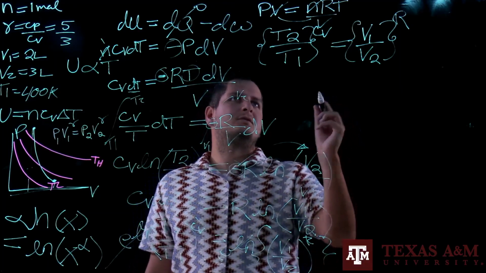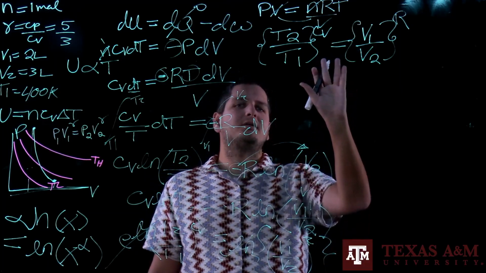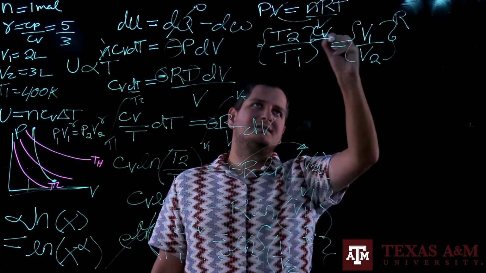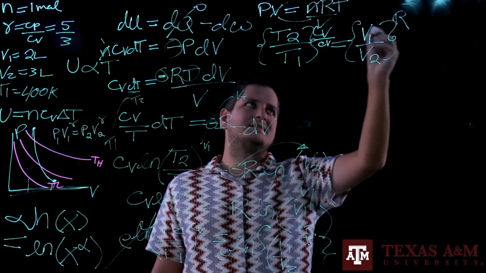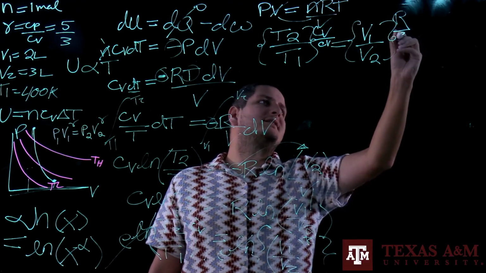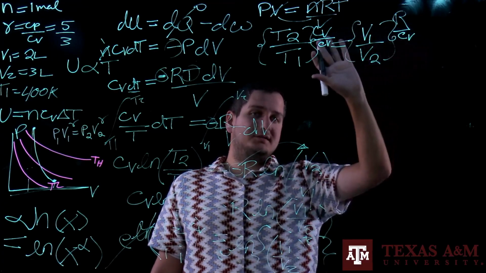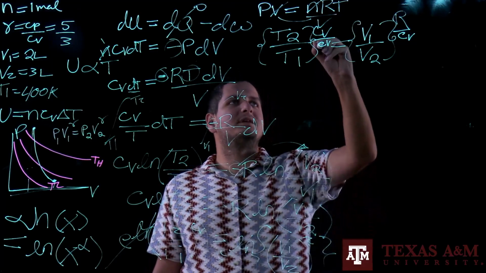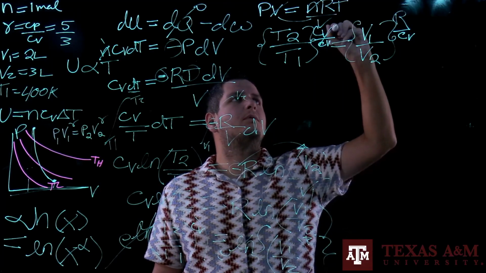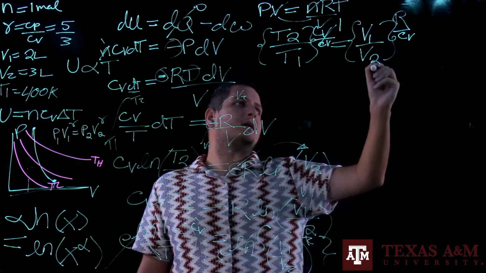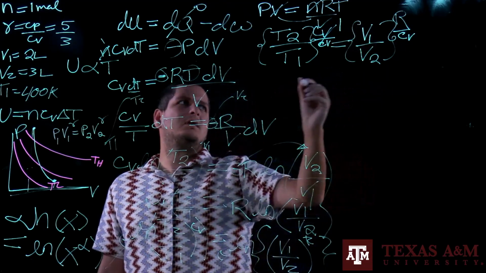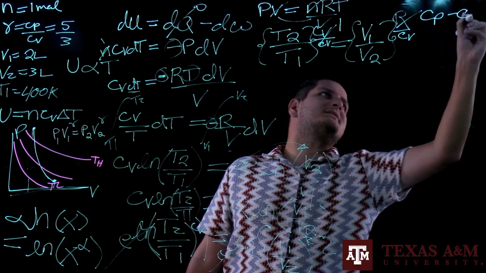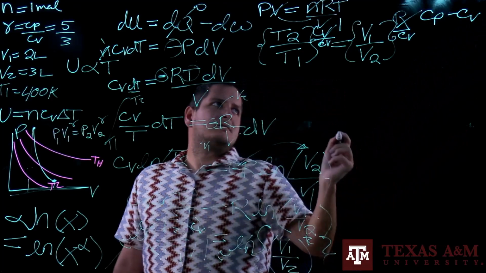So what we can do, if I were to divide this exponent by CV, I have to divide this exponent by CV. Remember the exponent rules. These are important to know. This ends up being 1, and then recall that R is equal to CP minus CV, right?